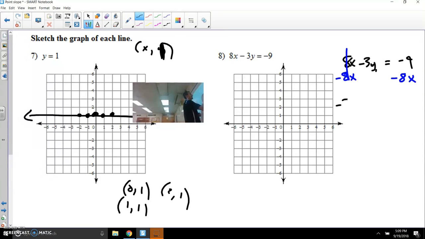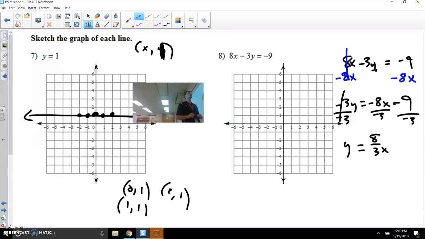So you have negative 3y equals negative 8x minus 9. Next I need to use division with negative 3 and really pay close attention to the signs. This one cancels, leaving just y. Negative over negative makes this positive 8/3, and negative over negative makes positive 3.